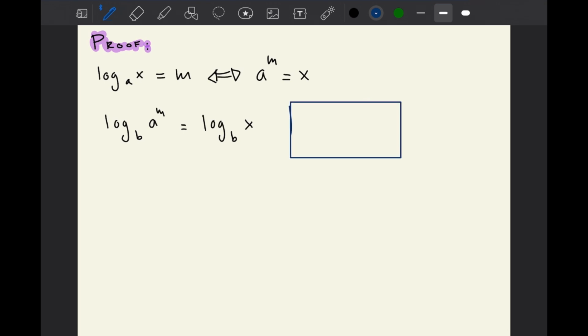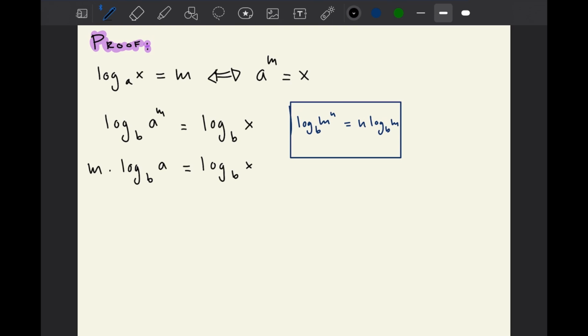What the power rule basically says is that if you have a log of m to the n, then you can rewrite it as n times log of m. So how we can apply this over here is we can write the m right here times the logarithm of base b of a is equal to the logarithm of base b of x.